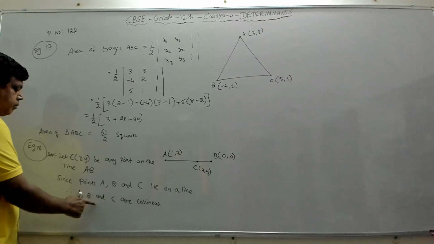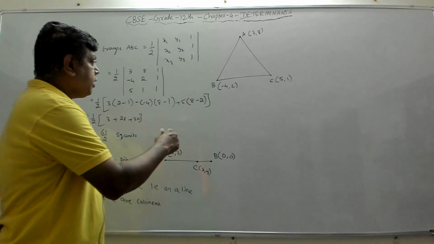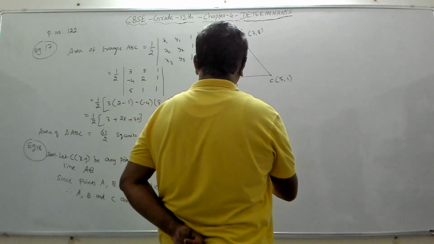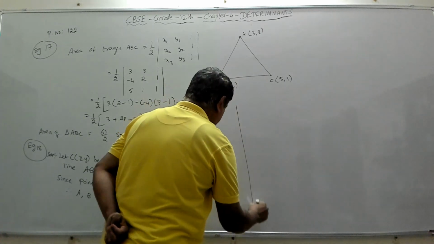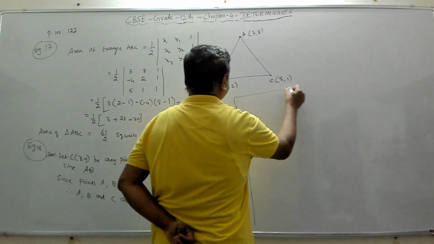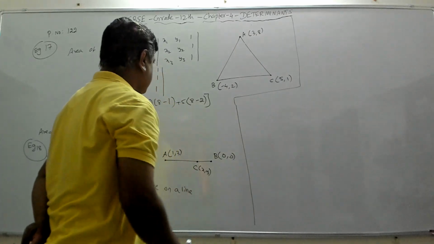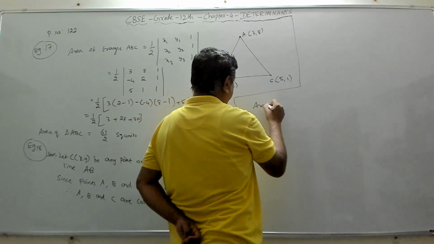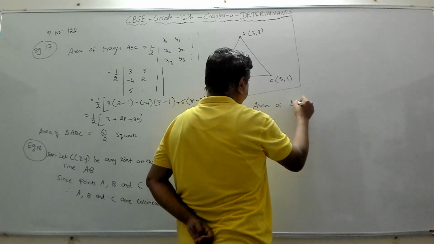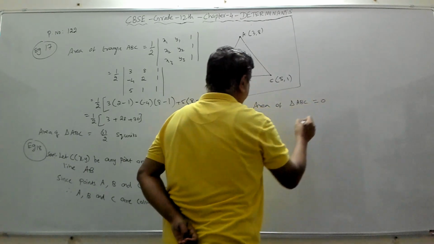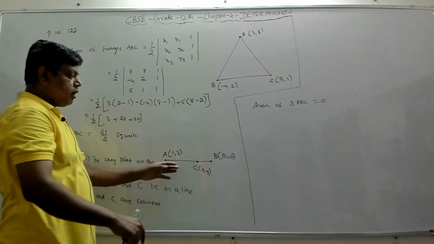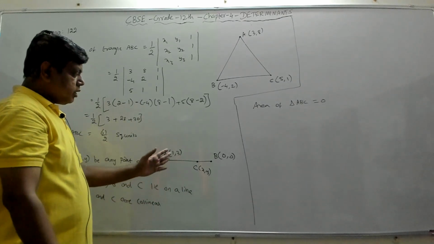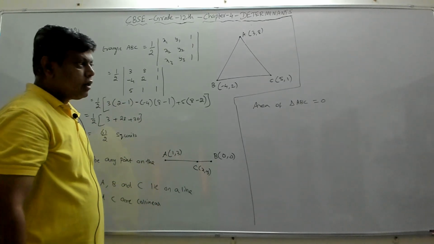When points A, B, C are collinear, then area of the triangle ABC is equal to 0. There's no triangle at all, so its area is 0. So when 3 points are collinear, the area of the triangle is 0.